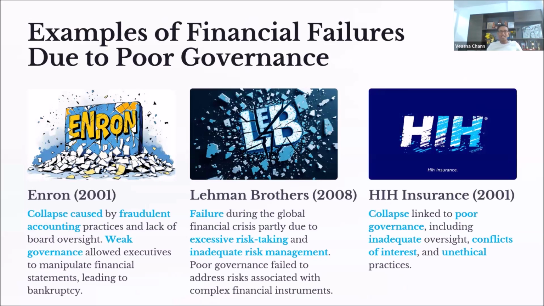But I want to learn, because poor governance currently happens anywhere in the world, especially recently in Vietnam, the Miss Lan case, which is now in court, about financial failure and poor governance as well.